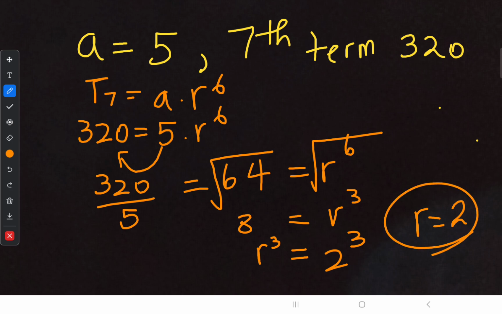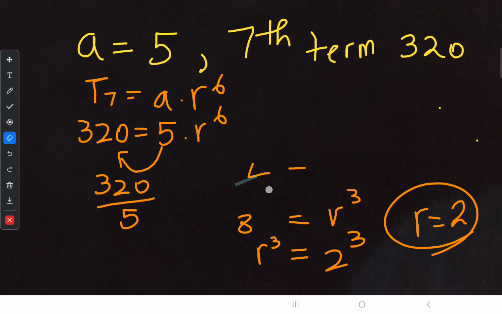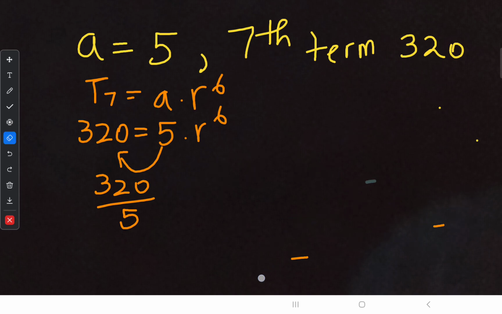Otherwise, if in the question they ask us to find all the possible values, in this case we can't use this method. Which method can we use? Here we found r to the power of 6 as 64.